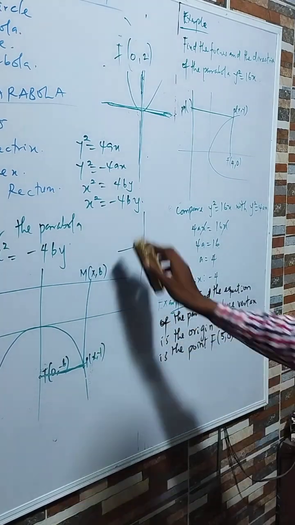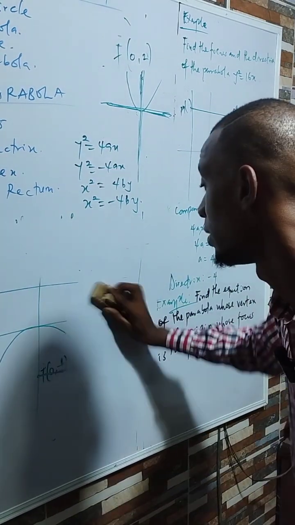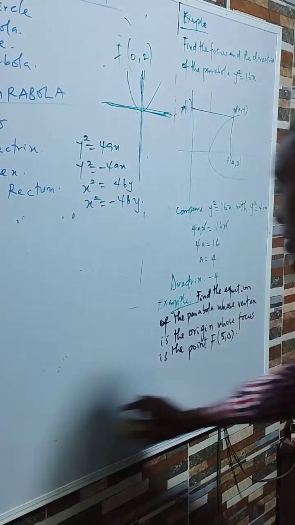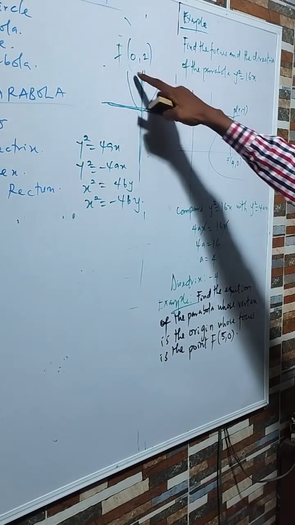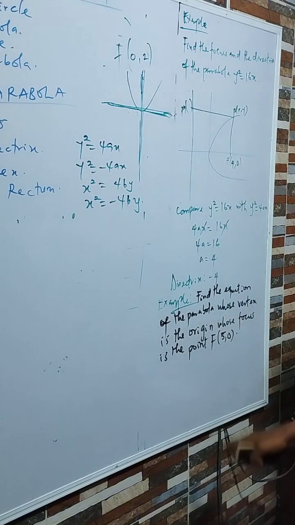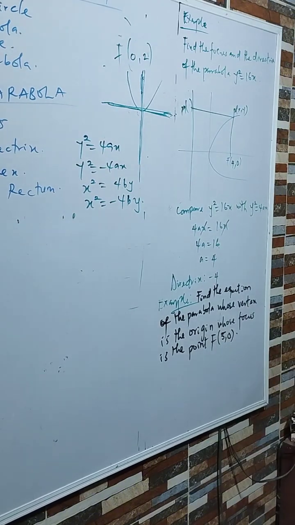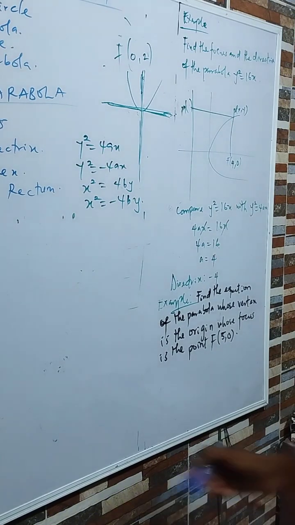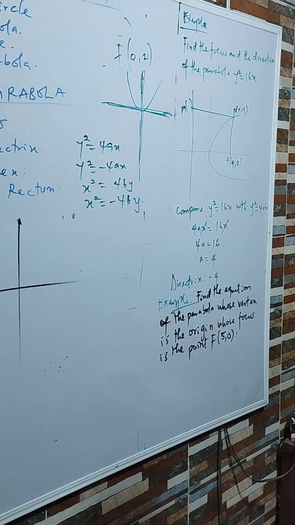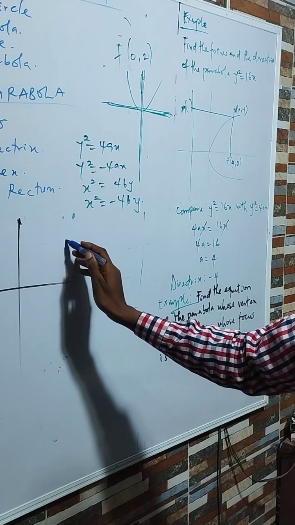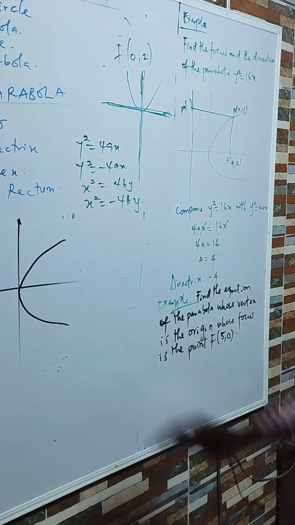Definitely to solve this question, I know what this indicates. Assuming the focus is 0, 5, I know it is this type. But now that the focus is showing 5, 0, if I am to sketch this out, it is going to be placed like this.